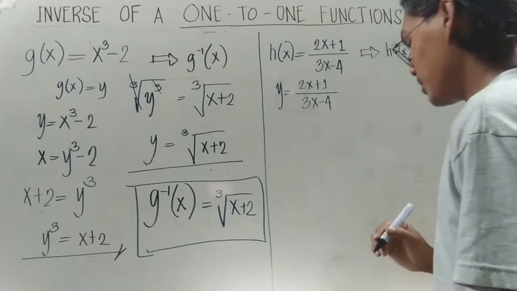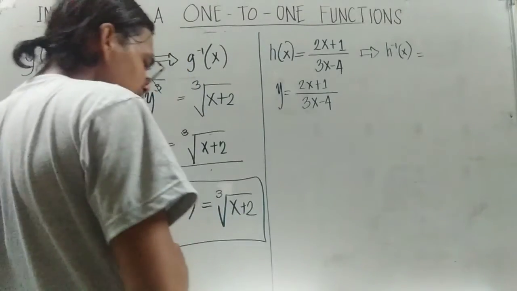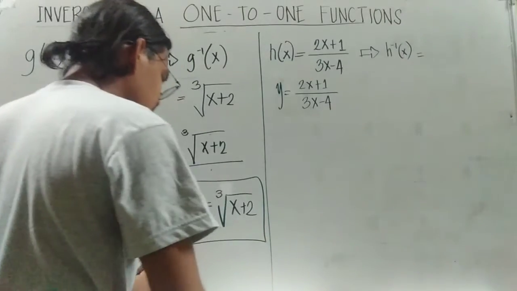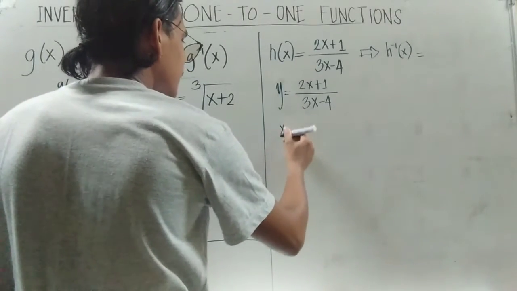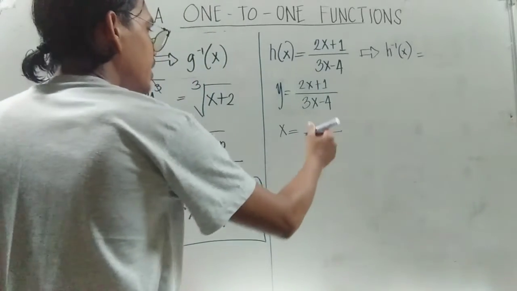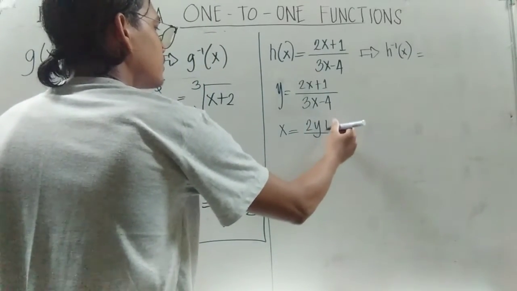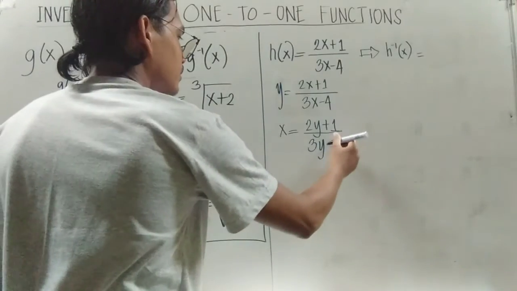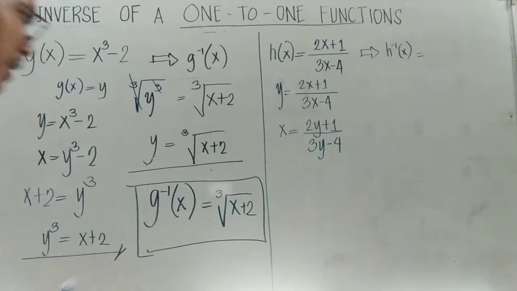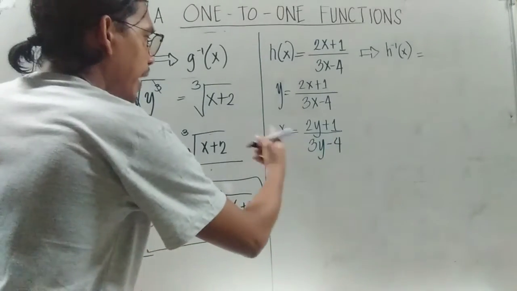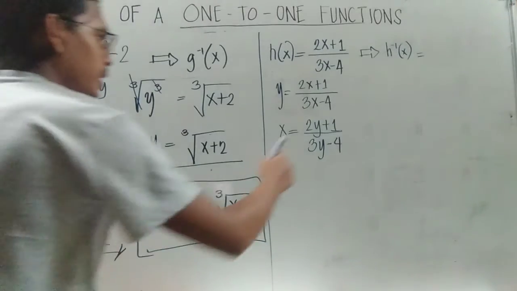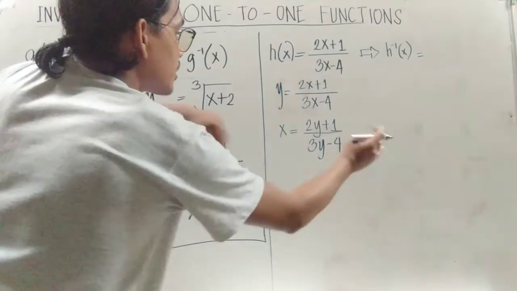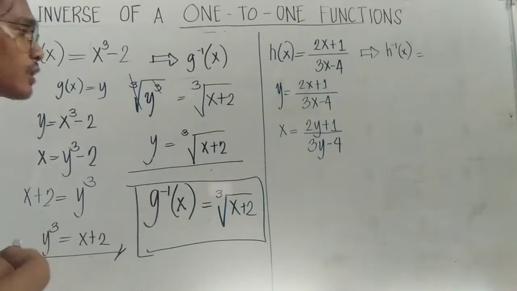Then, interchange. Your range will become your domain, so y will become x and all the x will become y. Okay? Just follow the steps. Then we have to cross multiply. We are just cross multiplying because the quantities are separated by your equal symbol, so we can cross multiply.